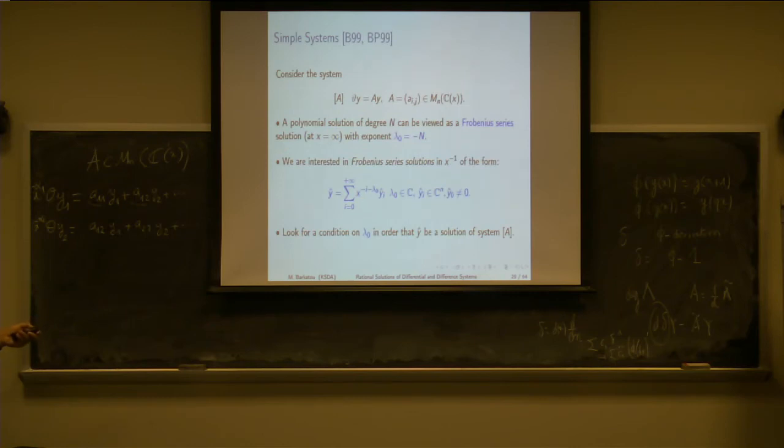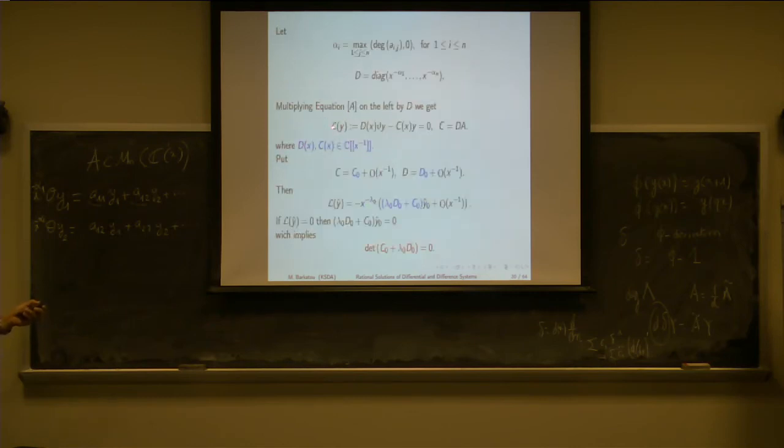And now if you plug this expansion in this system, you look at the action of L, this calligraphic L, on y hat. You get x to the lambda minus lambda 0 times an expansion in 1 over x, and the 0th coefficient is given by this.